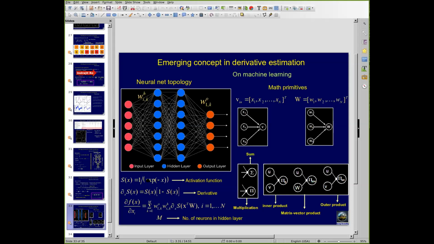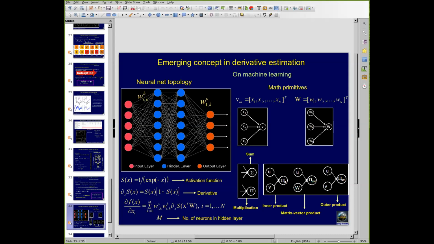If you change the activation function, which is normally a tan inverse X or this type of asymptotic S-type function, and you take a derivative, it is basically the same. So if you change this activation function, you can automatically compute the derivatives with the feed-forward network, provided your network is trained.